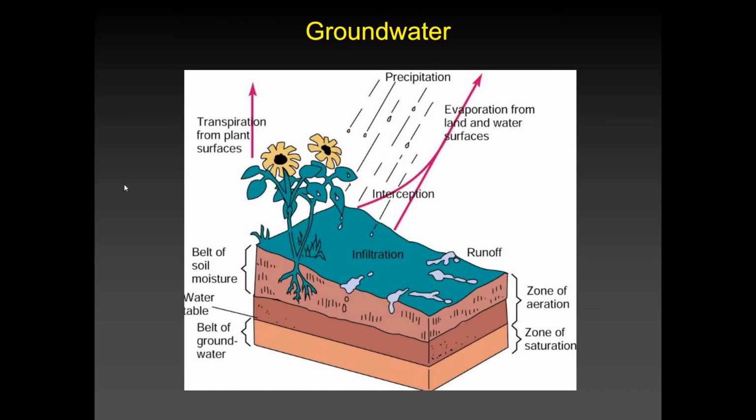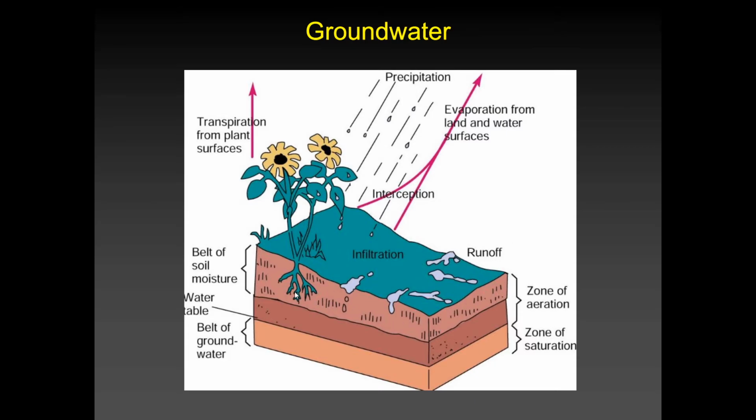So here is a picture of it. You have transpiration from plants as they open their stomata, they release water. Then you have, of course, evaporation from land and water surfaces, precipitation bringing it back down, infiltration occurring as the water starts to make its way into the ground through percolation, runoff where it stays on the surface.